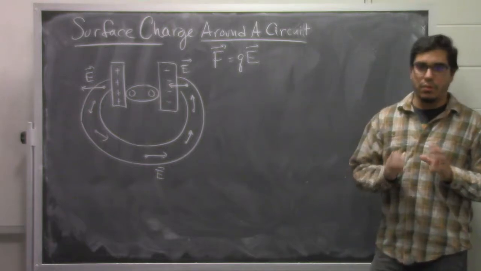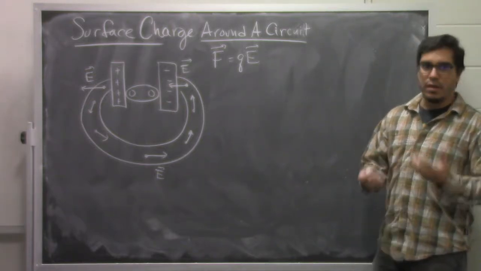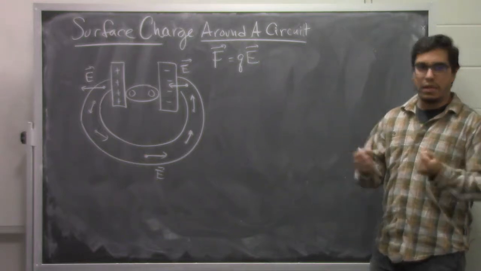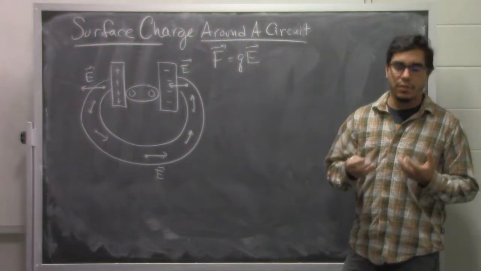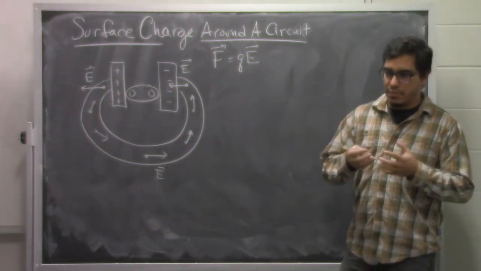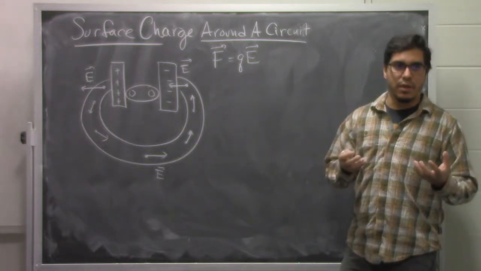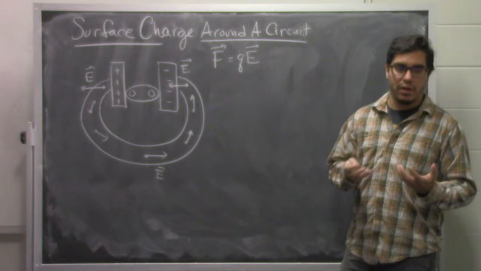Well, the story is a little bit complicated in terms of how this gets set up. But it turns out that when you connect two ends of a wire like this, the charges that are on the wire, not the ones that are going to be moving around, rearrange themselves in a way to produce an electric field in the wire that drives the current.